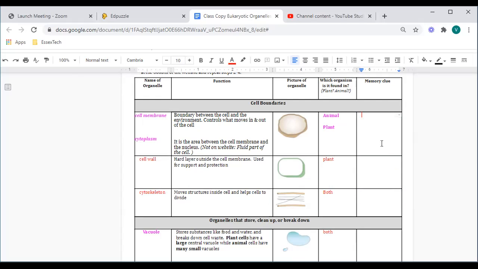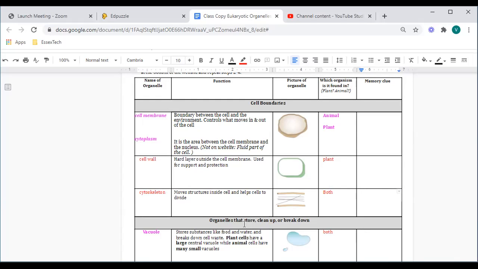So we're going to take a look at this section, the memory clue, to help us remember what the functions of each organelle is. If we think about a cell having all these different organelles or parts that help make up the cell, we can think of a cell kind of like a city, let's say like Newark.